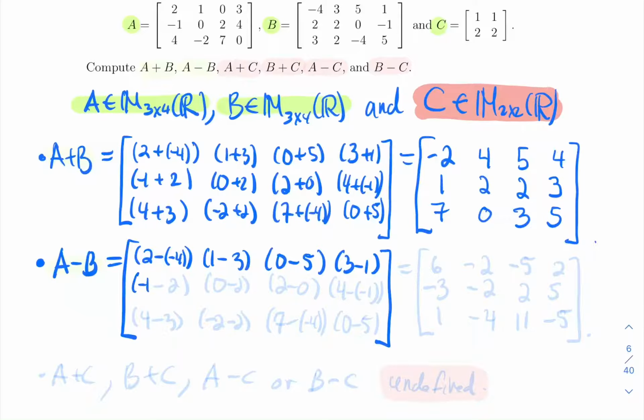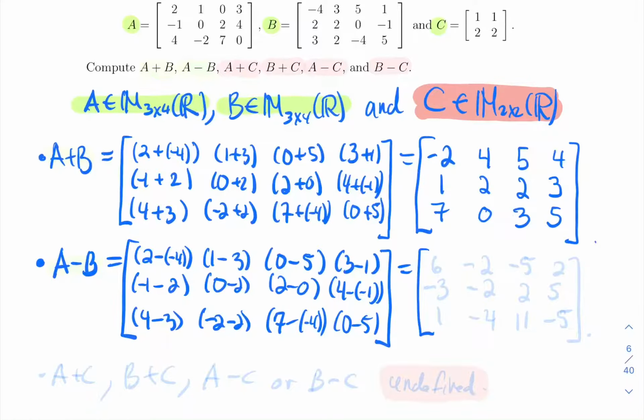Then minus 1 minus 2, 0 minus 2, 2 minus 0, 4 minus 1, 4 minus 3, minus 2 minus 2, 7 minus minus 4, and 0 minus 5.